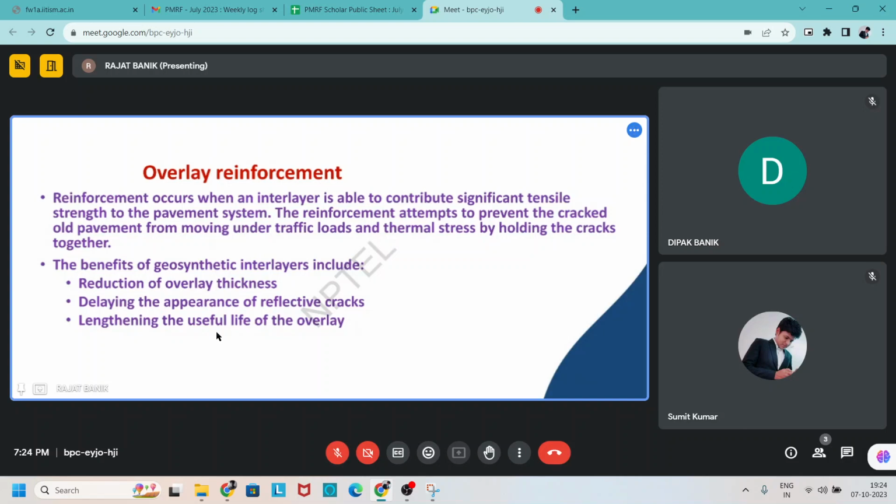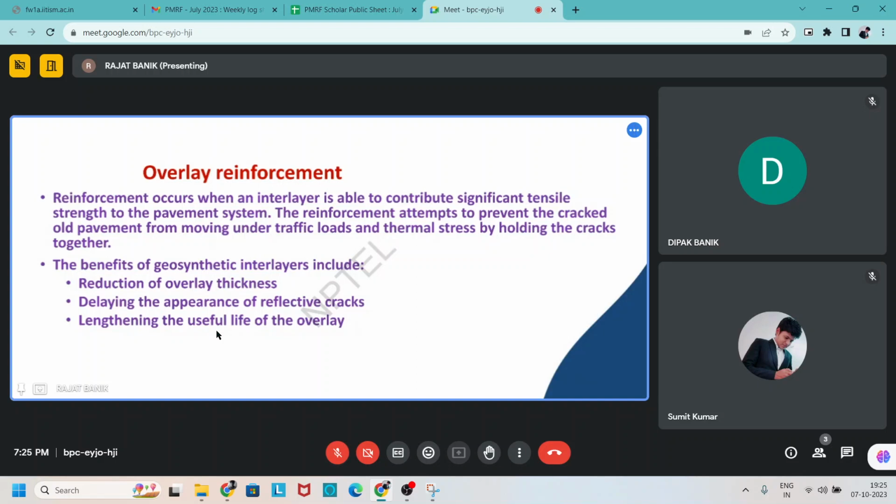The benefits of this include reducing the overlay thickness. We know that due to the application, the strength also increases, and we know that if strength increases, the thickness of the pavement surface also reduces. So by this way, we indirectly reduce the pavement thickness.